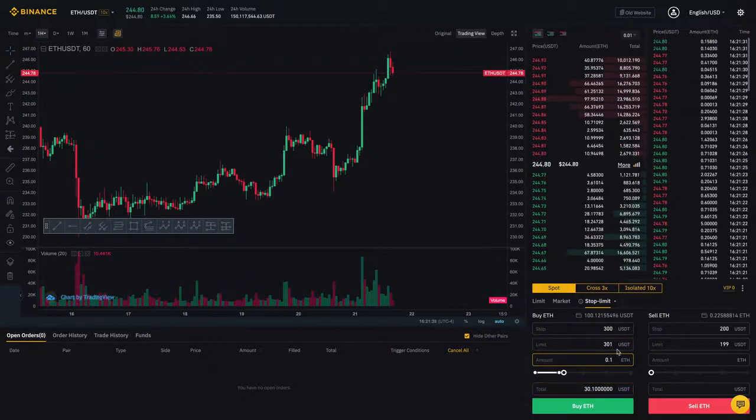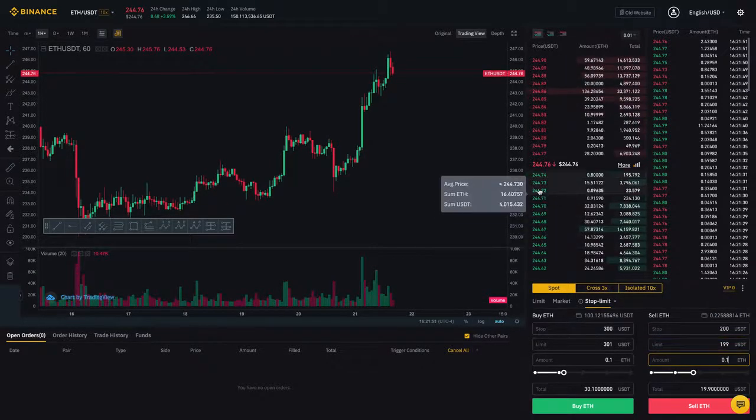That's what it means, and it will cost me this much. On the flip side, this is saying that if Ethereum goes below $200, I'm willing to sell it for $200 up until $199, and I'm going to put in my limit.